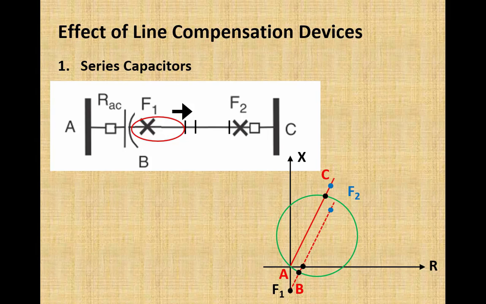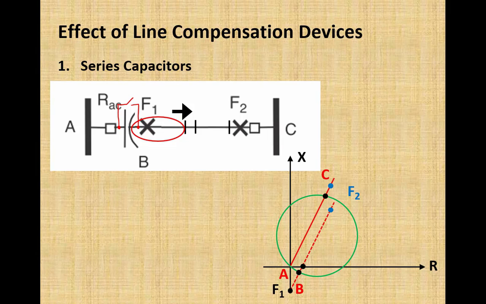Let's come back to the solution of the first problem, that the fault has been moved outside the zone of protection. For this series capacitor, there would be a switch in parallel to this capacitor that would be closed and opened to take this capacitor out of service or bring it in service.